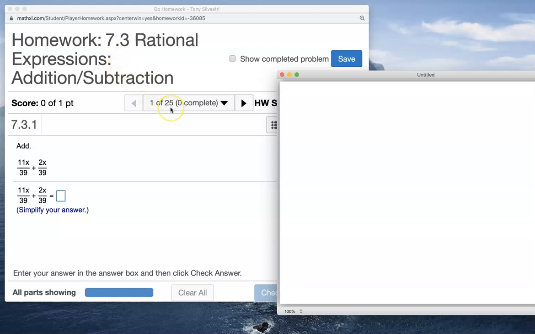Instead of having 25 problems in this one homework, it really should have been separated into sub-chapters. But I'm going to take the approach of maybe doing the first 6 or 7 problems and stop the video, because it's probably best to deal with this section in pieces. So let's take a look.